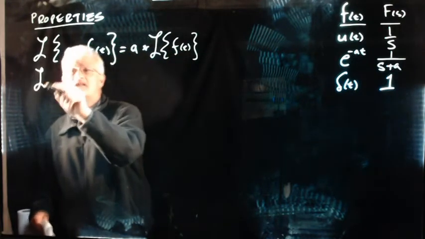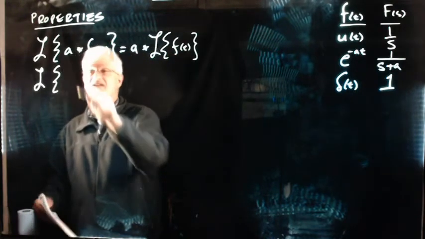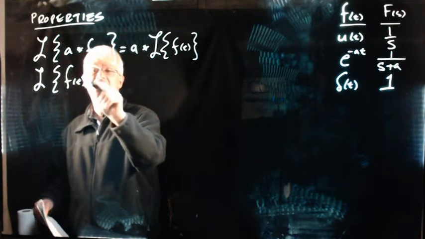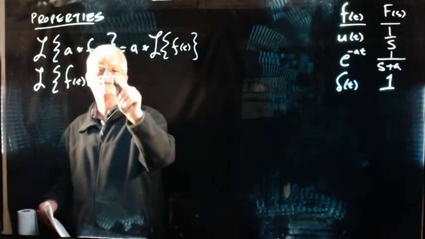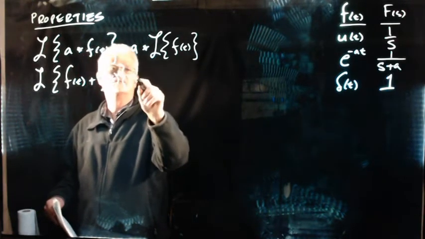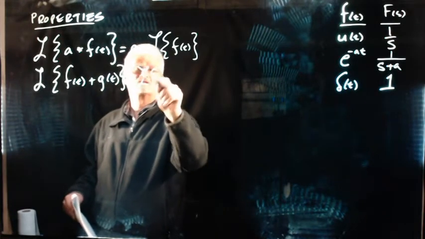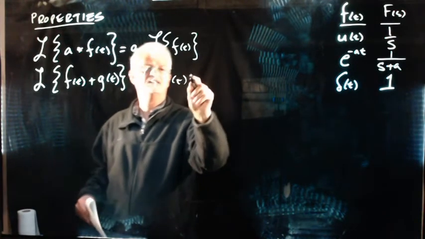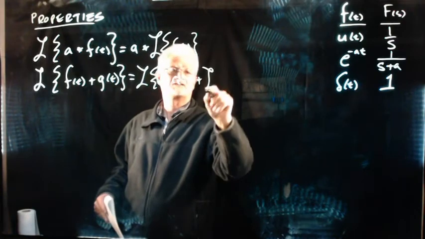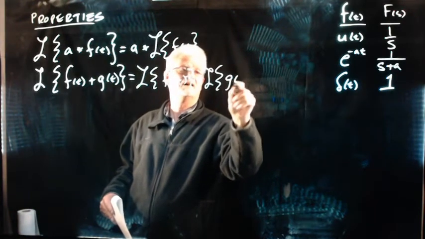We can also look at the Laplace transform of f of t plus g of t, which is equal to the Laplace transform of f of t plus the Laplace transform of g of t.